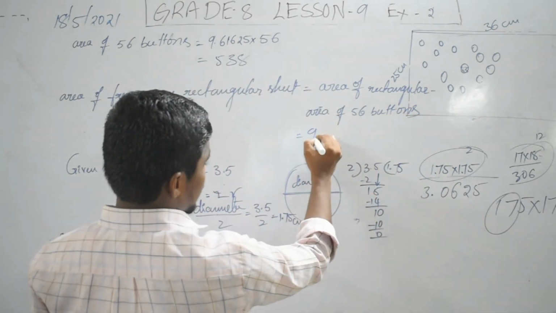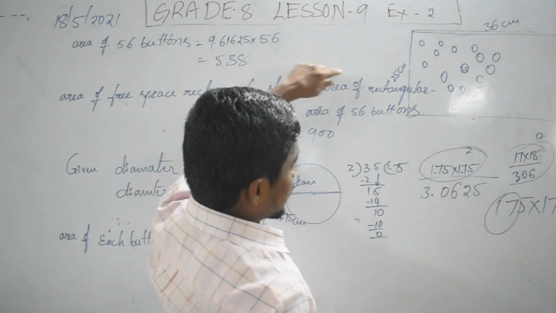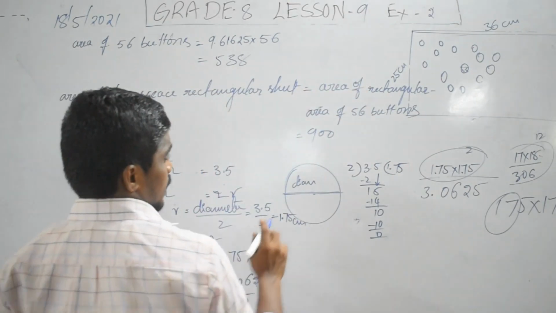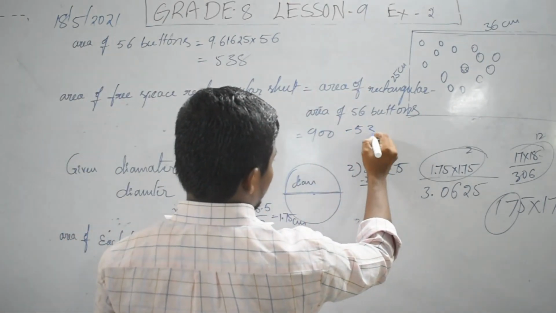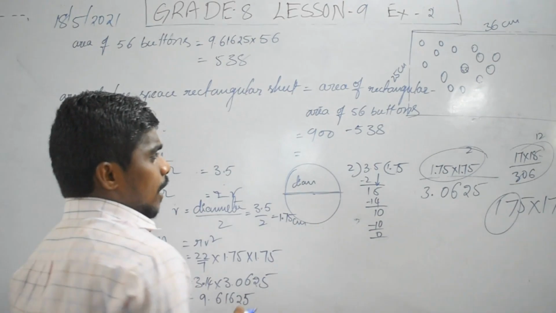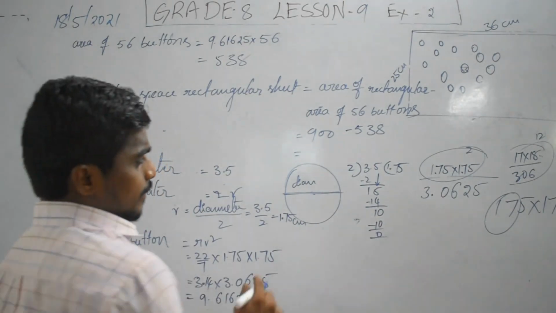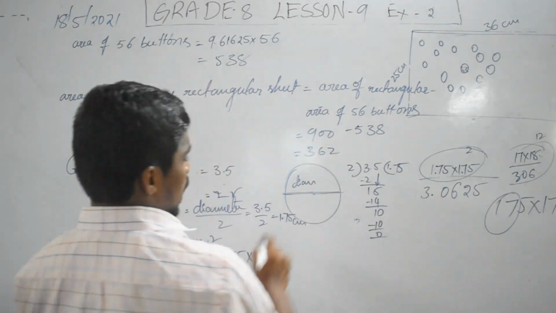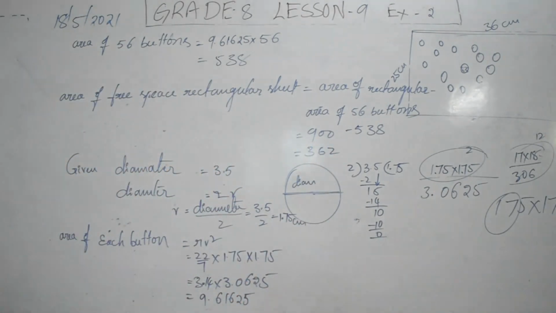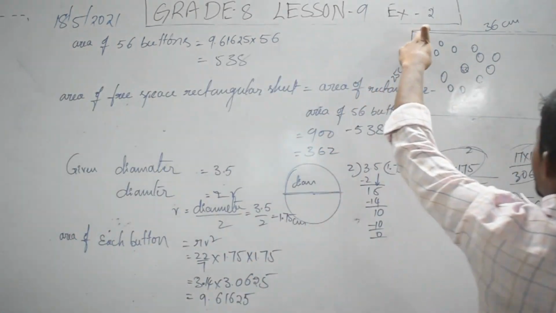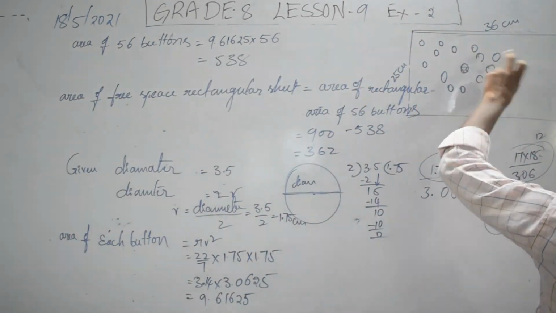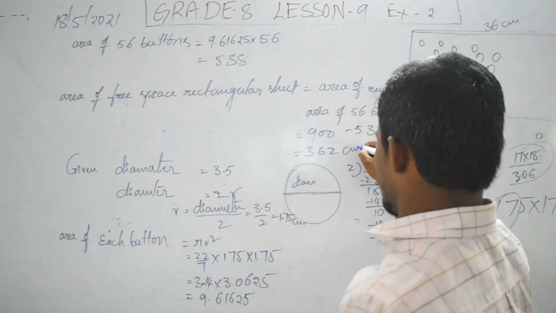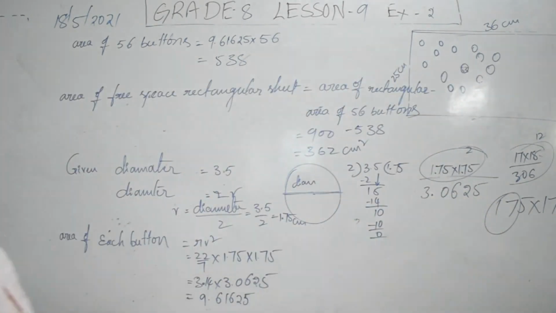Here see, the area of the rectangular sheet is 900 minus 538. How much? So here 2, here 6, here 3. 362. So the remaining free space is 362 centimeter square. Right.